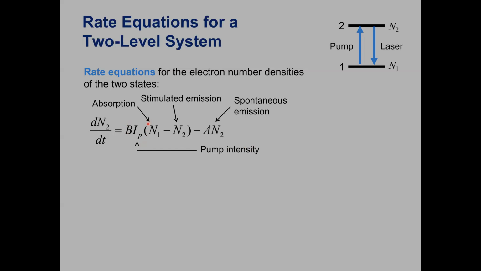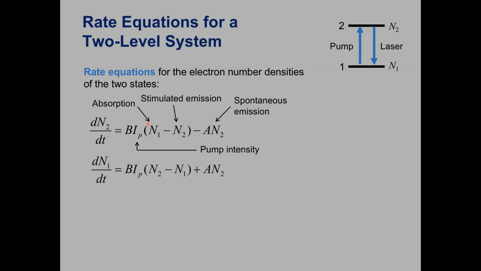Or I_P might be something related to our voltage in our helium neon laser. Here I'm going to work with this example of it being a flash bulb or some external light source. And B and A are the Einstein rate coefficients that we defined earlier.